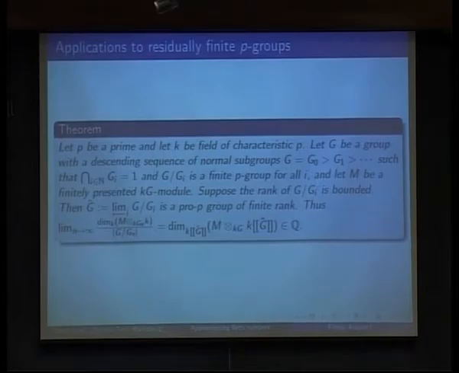It seems this depends on the choice of the descending sequence of normal subgroups. It seems to me very plausible it should be independent of the choice of descending sequence of normal subgroups, but that's open at the moment.